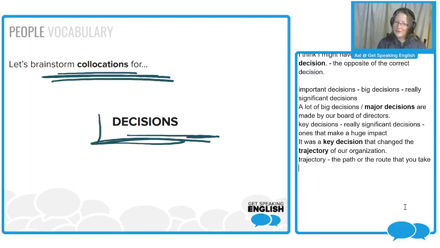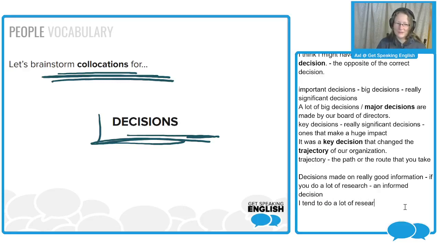We could also talk about decisions made on good information. So decisions made on really good information. So if you do a lot of research, we might talk about making an informed decision. So for example, I tend to do a lot of research to make sure I make informed decisions.